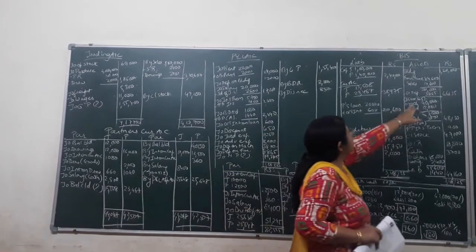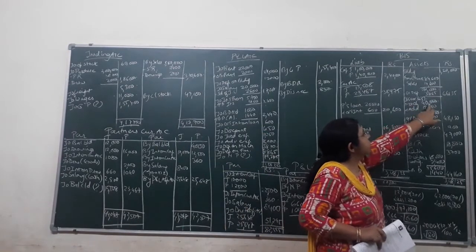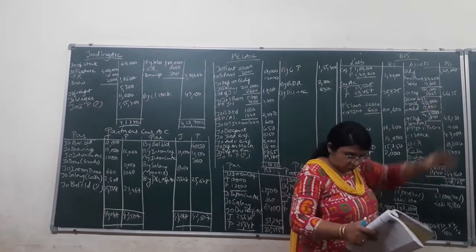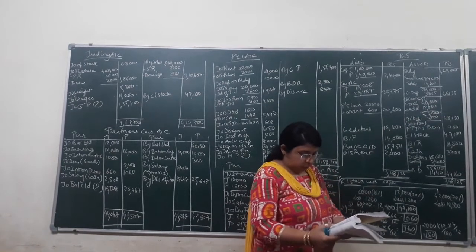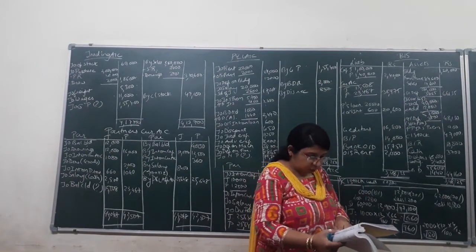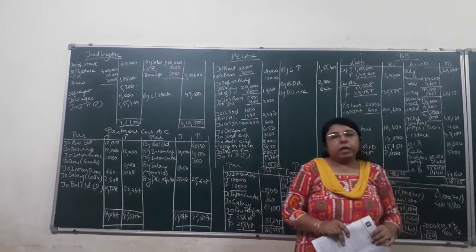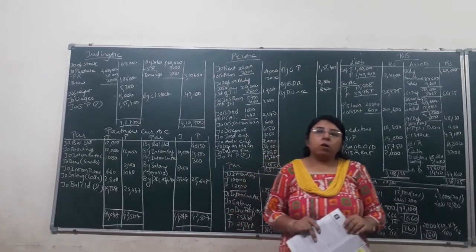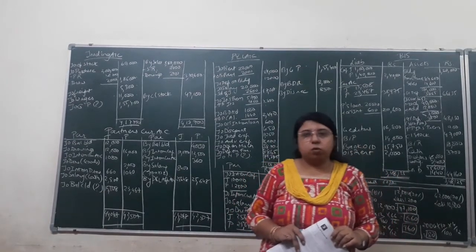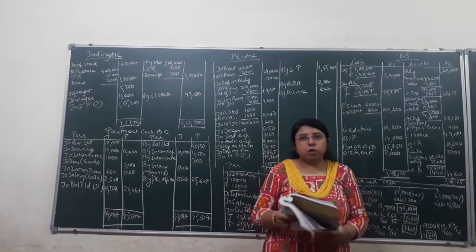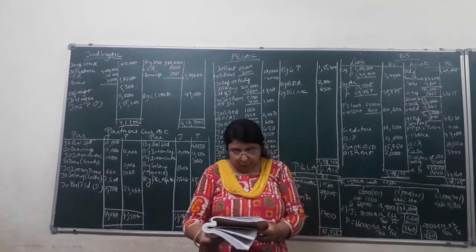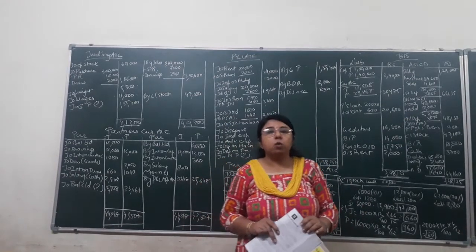I have written on the asset side of balance sheet machine, that is 40,000 in inner column, and addition of 12,000 on 31st December 2016. Now the value that is given in outer column, that is 52,000. Of that 52,000, 12,000 has been added on 31st December 2016.